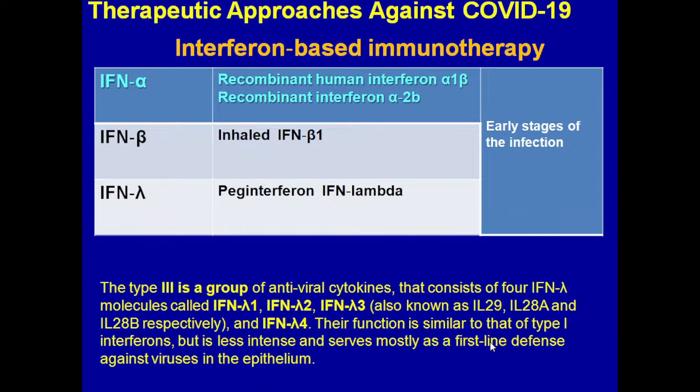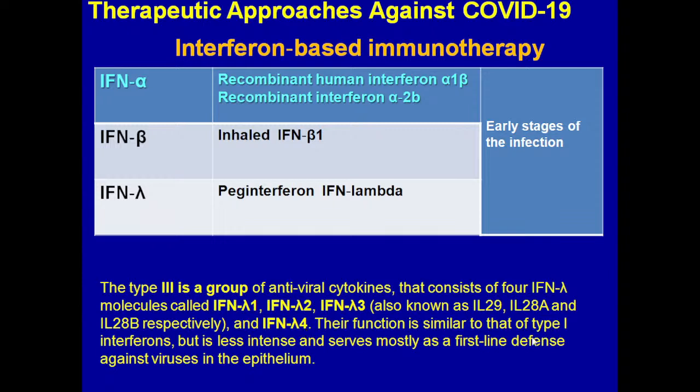So that is what we have right now. This is the interferon-based therapy. These are the recombinant interferons that are recommended. Here we have the type 3 group of antiviral cytokines that consists of interferon lambda 1, 2, and 3, also known as interleukins, and interferon lambda 4.